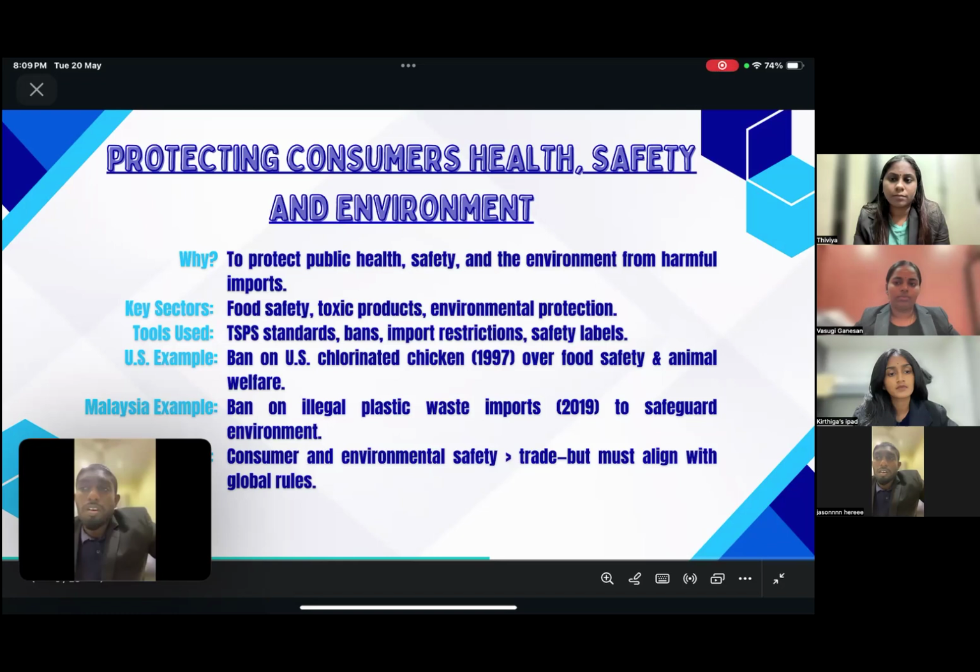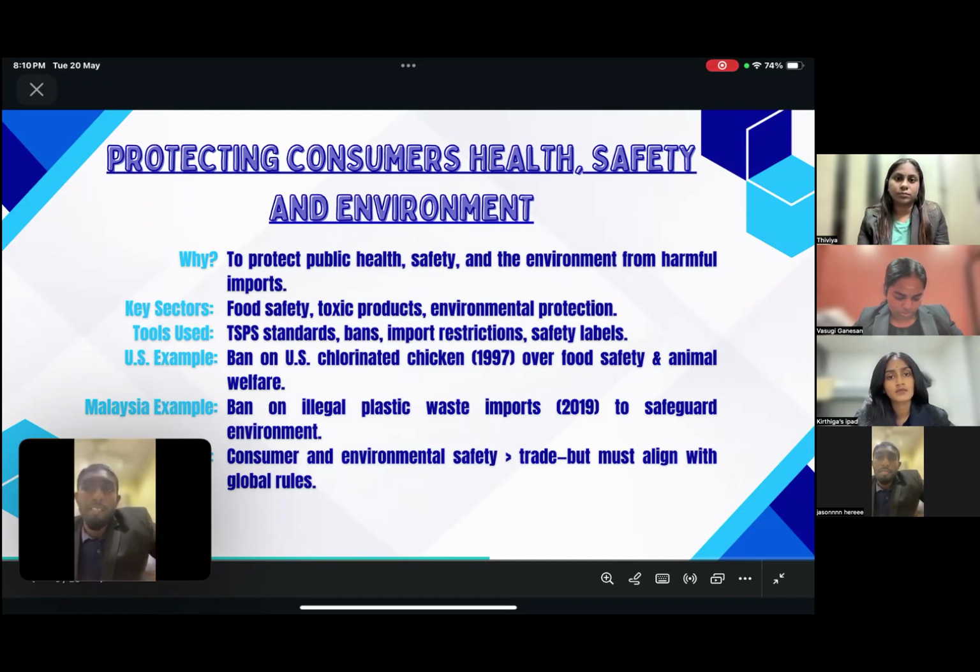To address these concerns, governments around the world should implement regulations to ensure that only safe and environmentally responsible products enter their markets. These regulations are not intended to unfairly restrict trade but to protect national interests and contribute to global sustainability goals. Trade regulation focusing on consumers and the environment is essential for safeguarding public health.